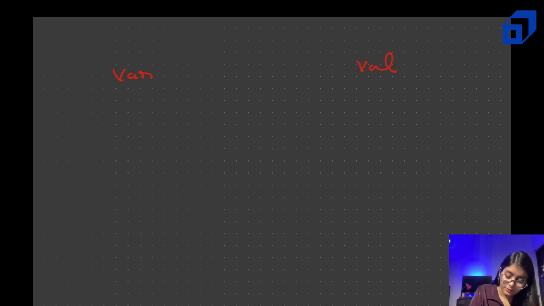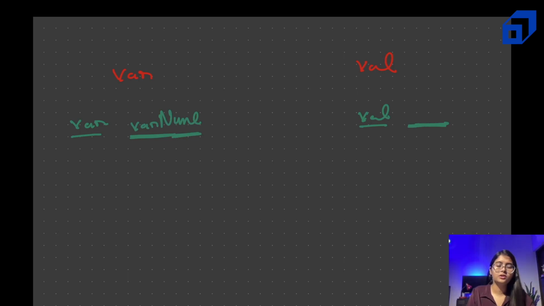So we have to first write the keyword. Okay, we will write var, or if it is val, then val, and after that the name of the variable. Okay, we will write here var name, that is name of the variable. It can be anything, like it can be marks, student name, or college, anything for that matter. And here as well we will have var name.